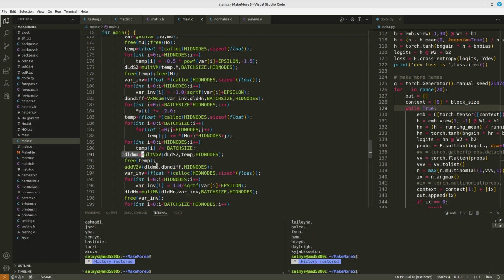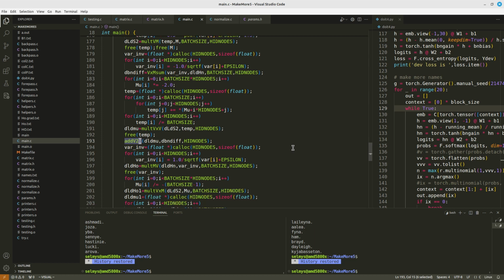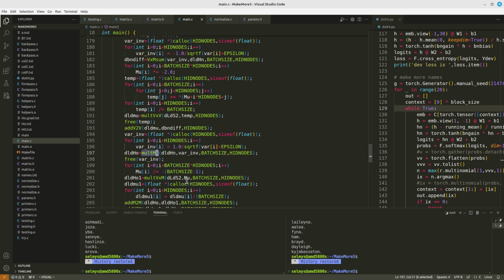And I have a function here, add vector to vector. Just remember that for some of our gradients we had to use addition of the gradients, or just adding a vector to a vector or an array to an array. Here we have a function to multiply a matrix times a vector, and all of these matrix multiplications are in my matrix.c code here.